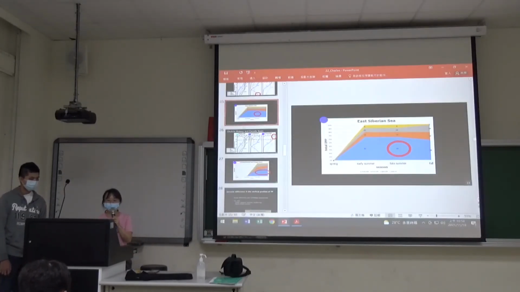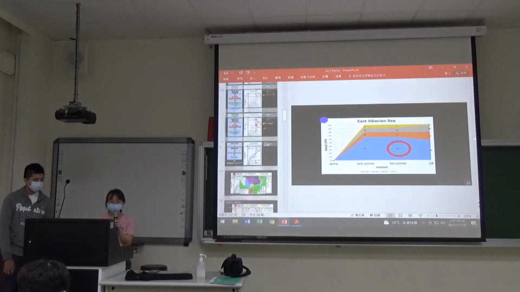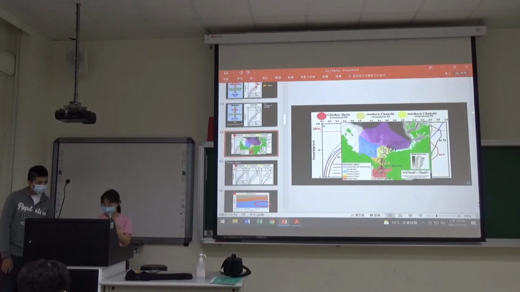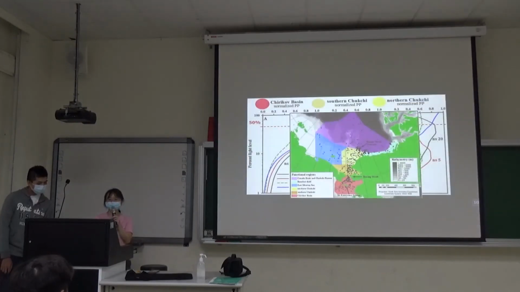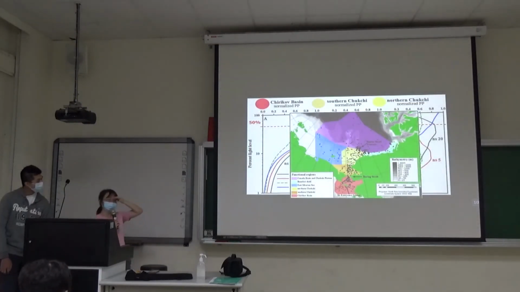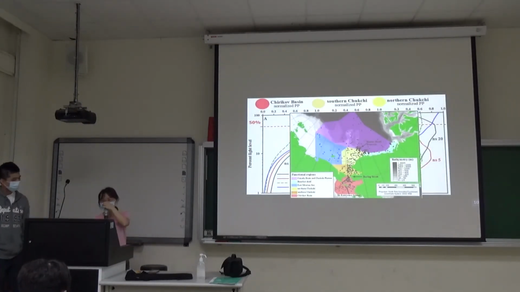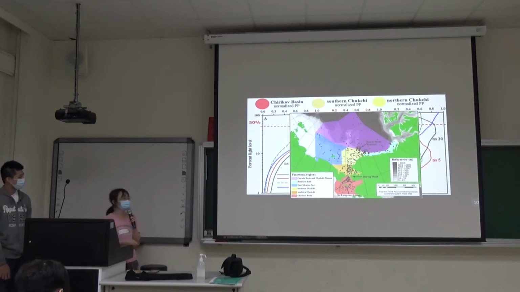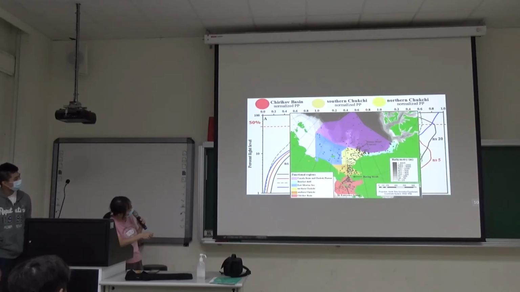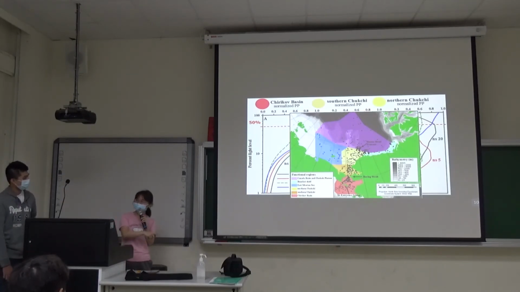Another thing you have to keep in mind is this place is not somewhere we see every day or every month. It's really new to us. So it would be nice if you can say, this is Russia, this is Canada, I guess?